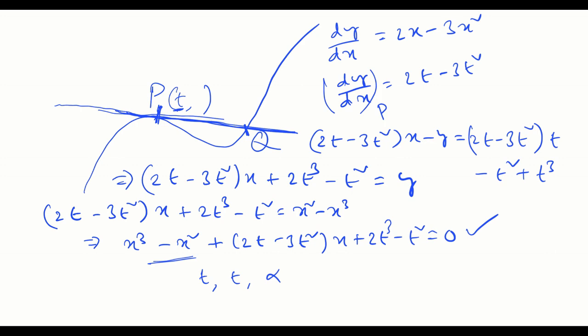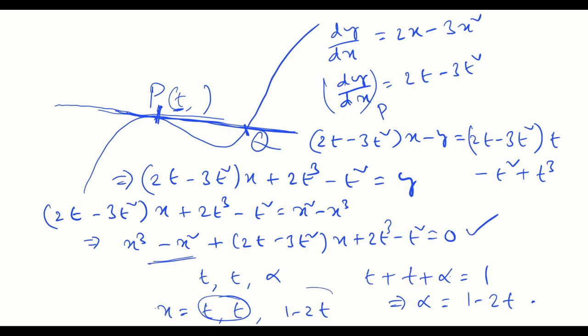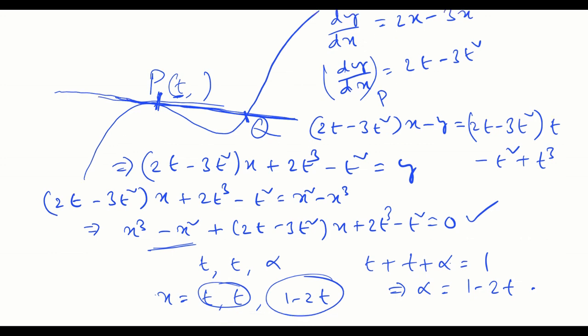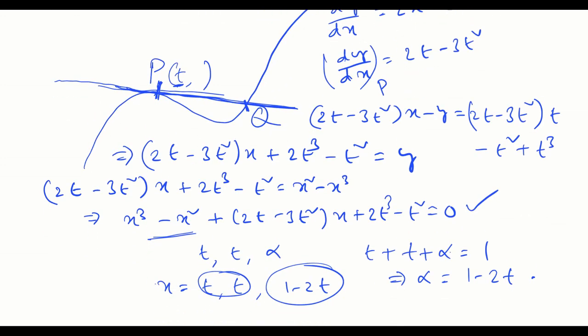Therefore, I should have t plus t plus alpha is equal to 1, or the third root alpha is nothing but 1 minus 2t. Therefore, x is nothing but t or 1 minus 2t. Now t corresponds to P, therefore 1 minus 2t is the x coordinate of Q. Therefore option B is the answer.